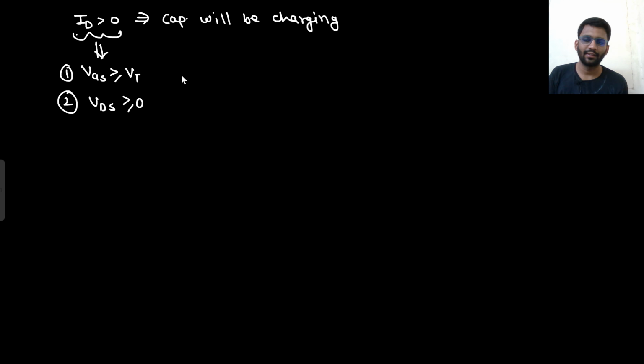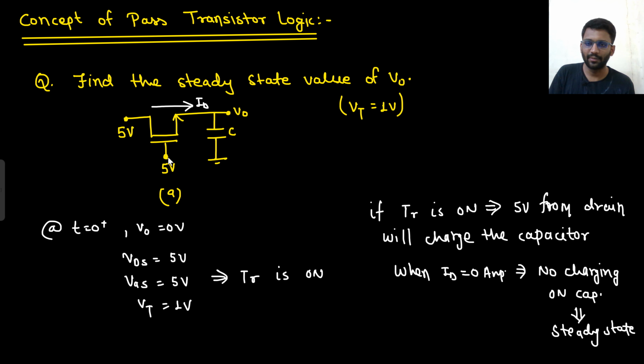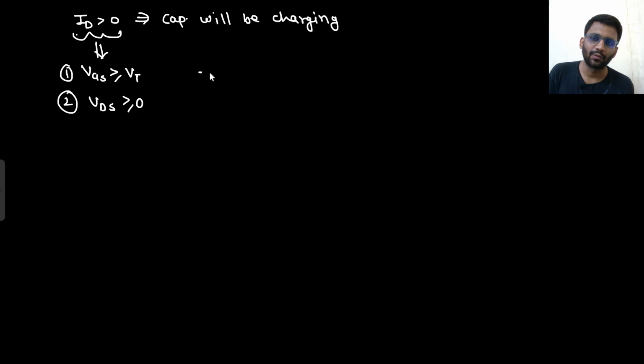Two conditions are there. What is the gate potential here? That is 5 volt. So 5 minus V0 should be greater than or equal to VT. Your V0 should be less than or equal to 4 volt. This is the first condition you get.